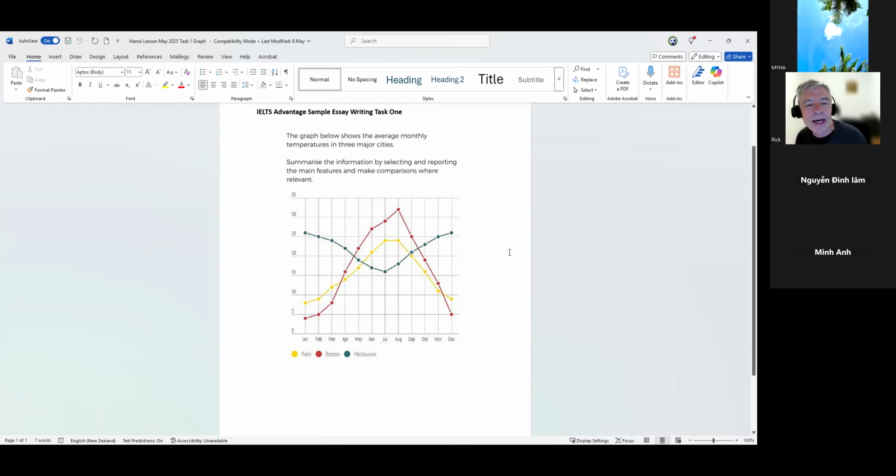Okay, what else can we say about this graph? Is there anything else that you notice about this graph?